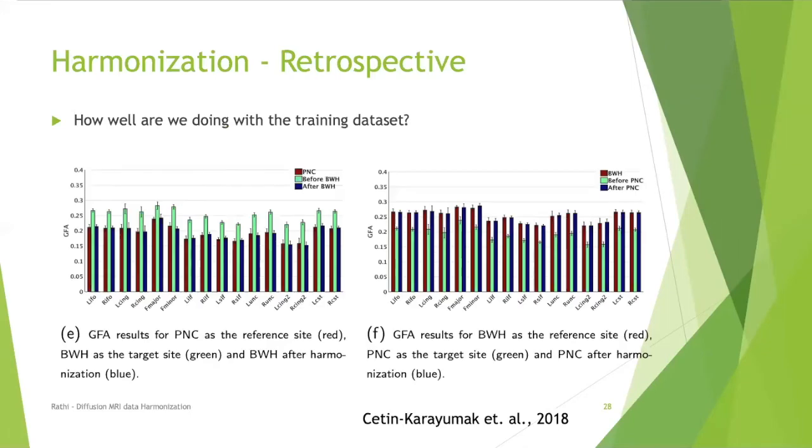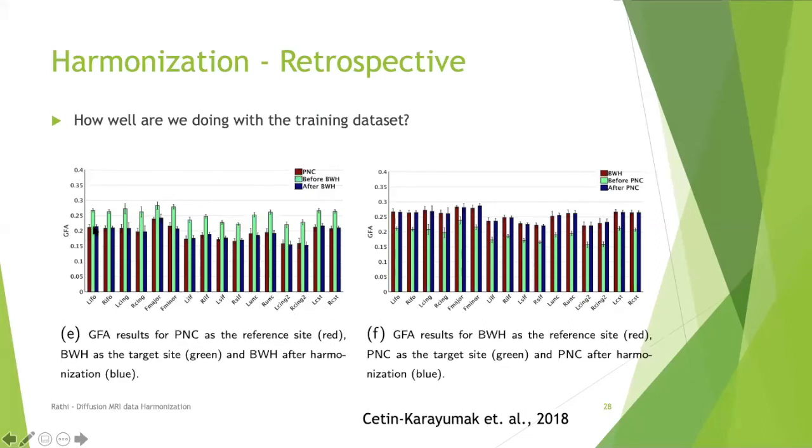So the question is, how well did we do? I mean, when we did this harmonization, how well did we do on the training data itself? So we did 2 different tests. This is a generalized fractional anisotropy when the PNC was the reference site and the BWH was the target site, which means that the BWH was harmonized. And you can see the bar graphs for different regions of the white matter.